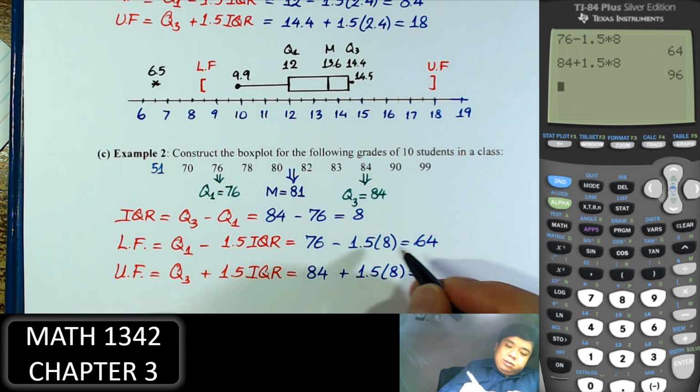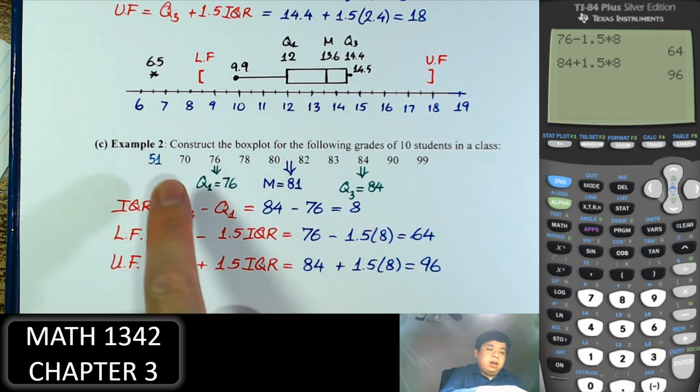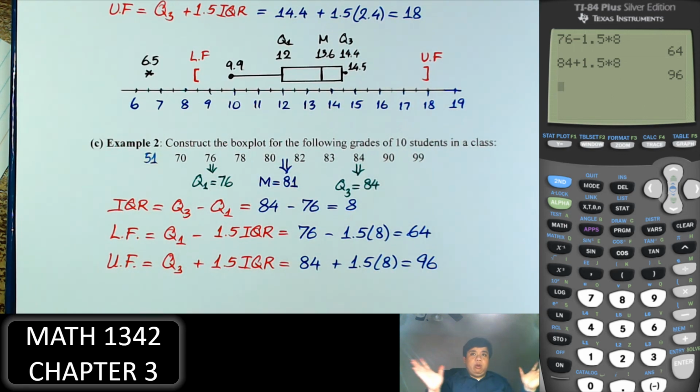It's 96. Good. Right, now put everything in here. So first we need a number line that is enough to cover everything, including 96, 64, 51, and 99. So let's go from 50 to 100.